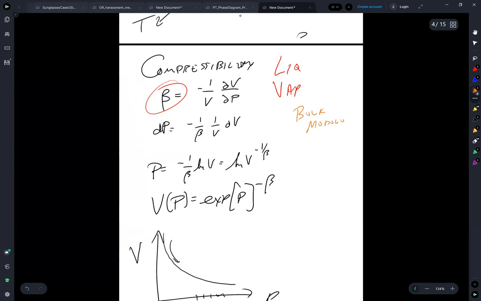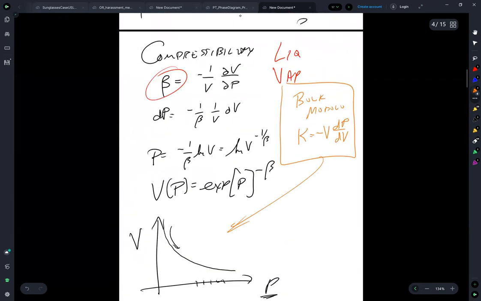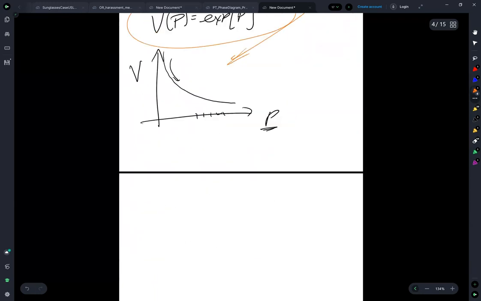And the bulk modulus, K, is equal to minus V dP dV, which means we should have a very similar, as in this exact same, shape for a solid. So we can treat this as a reasonable expression for the volume as a function of pressure.